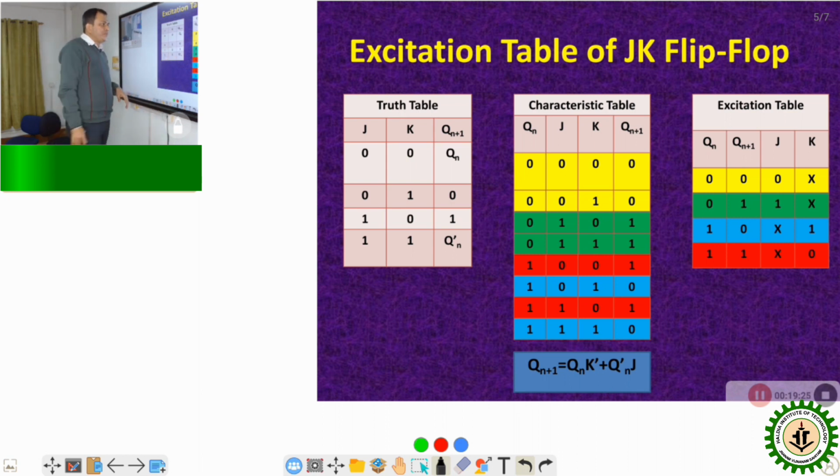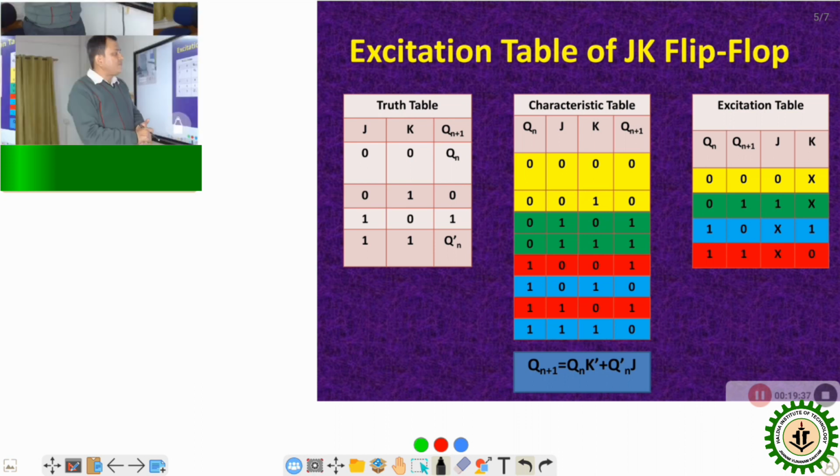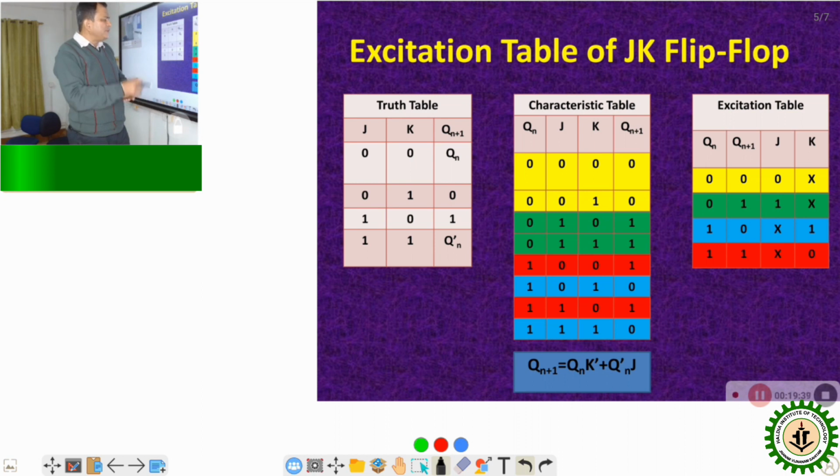Now the next transition is 0 to 1. That is, present state is 0 and next state is 1. We have to find out where 0 is transforming to 1. See these 2 rows labeled by green color: present state is 0, next state is 1.